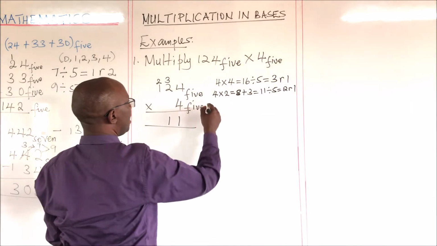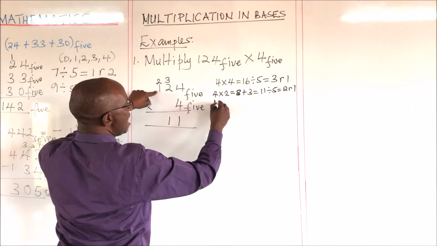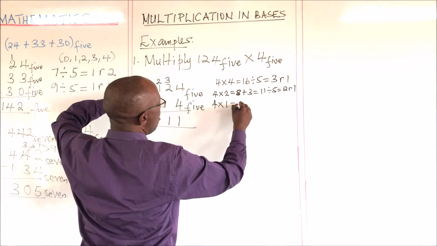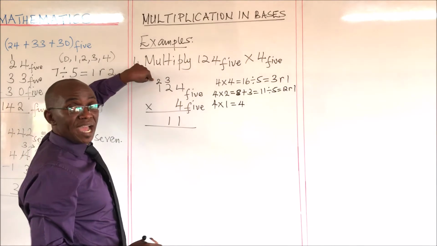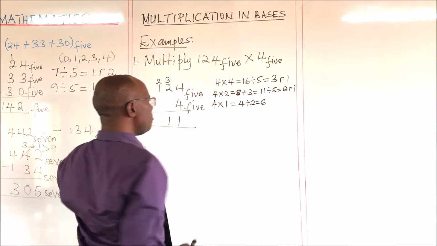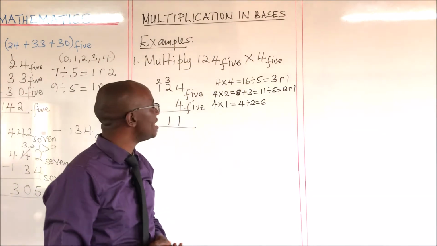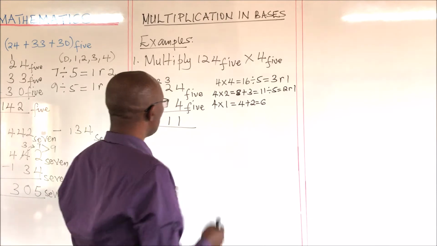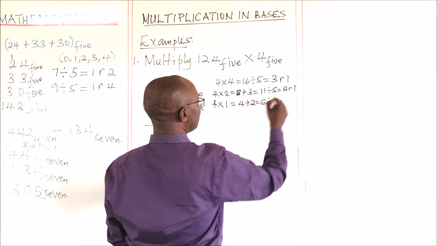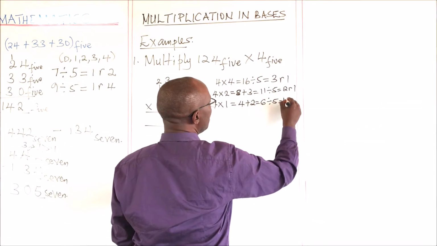So now we multiply 4 times 1, we get 4. But plus the 2 we carry, we get 6. But remember, we can't write 6 in base 5 because 6 is greater than the base, which is 5. So we divide 6 by 5. It goes one time, remainder 1.